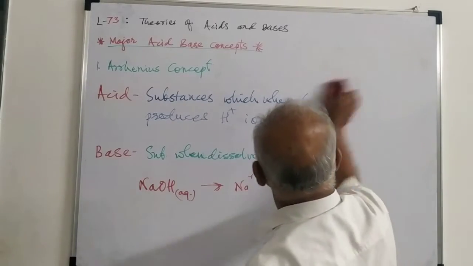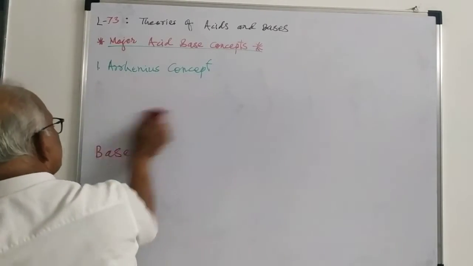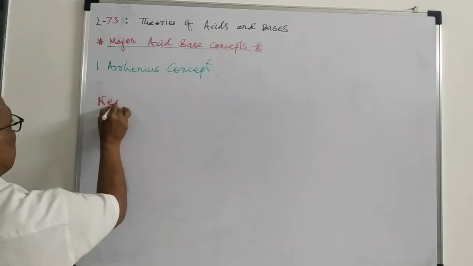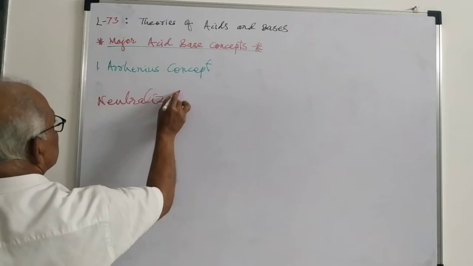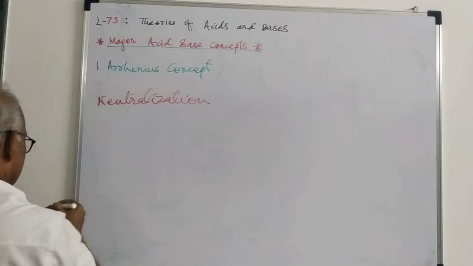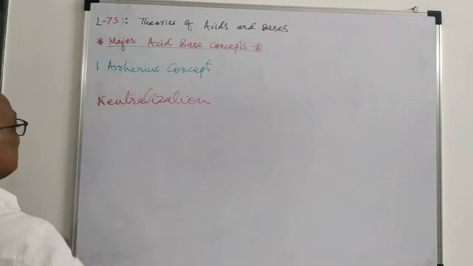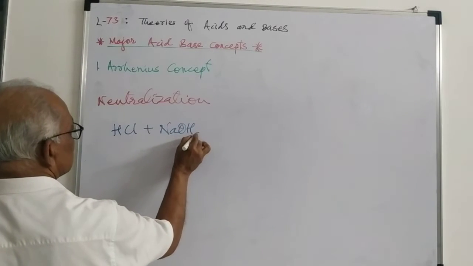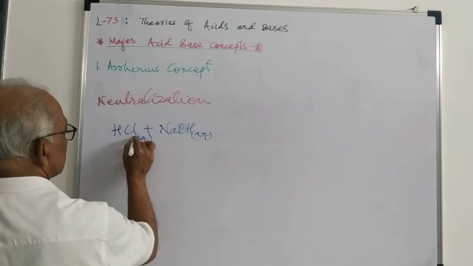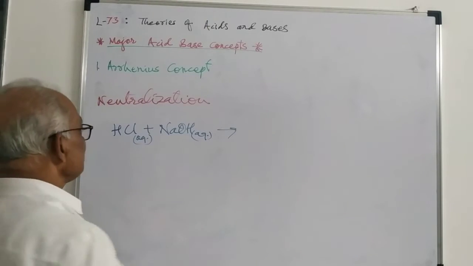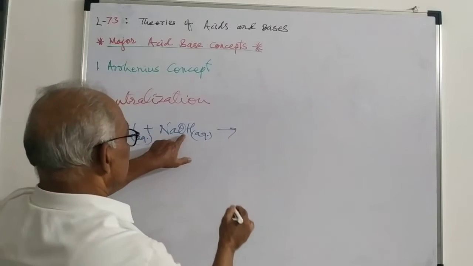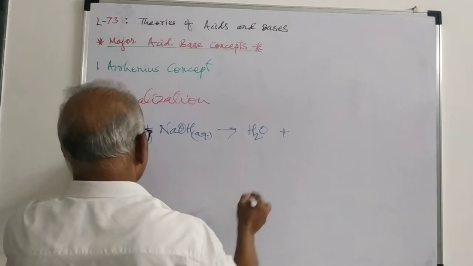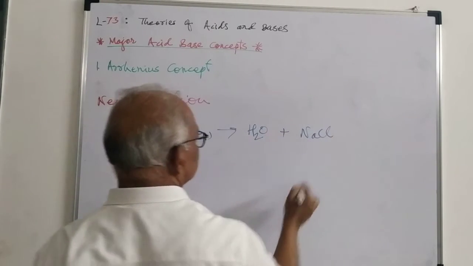Then we will see their acidic and basic behavior, if we carry out the neutralization reaction. For example, if we use HCl plus NaOH, which are aqueous in medium, as a result we get H plus and OH minus, and it produces H2O plus NaCl.